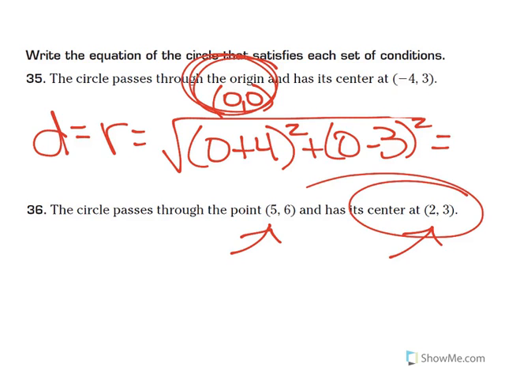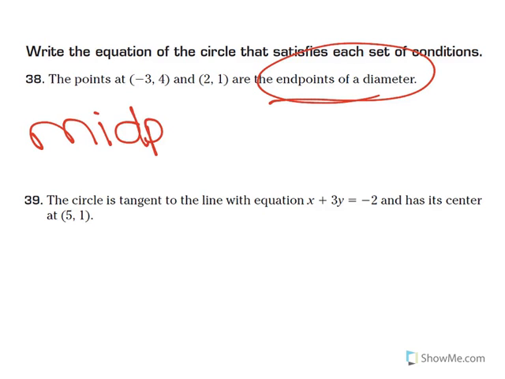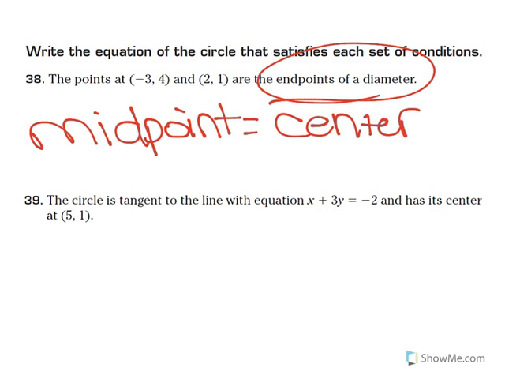Here's your center, though. Then let's look at these other ones. These two are endpoints of a diameter. You need to find the midpoint. The midpoint of the diameter is equal to your center. Once you get your center, you have to find your radius.